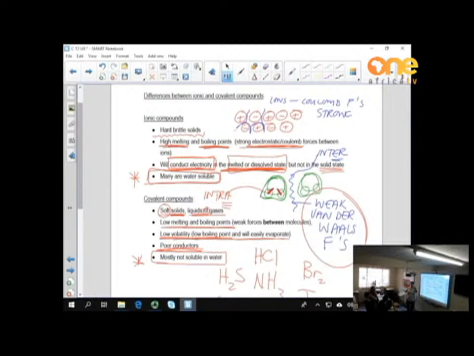Normally, for example, if I take sugar and salt, and I take petrol. Petrol is a molecular substance. It's a hydrocarbon. Sugar is also a hydrocarbon. Sugar can dissolve in petrol. Normal table salt is ionic. Table salt does not dissolve in petrol. Why?